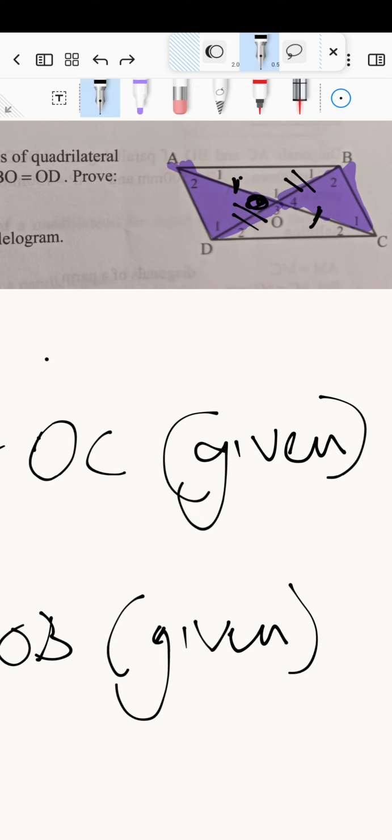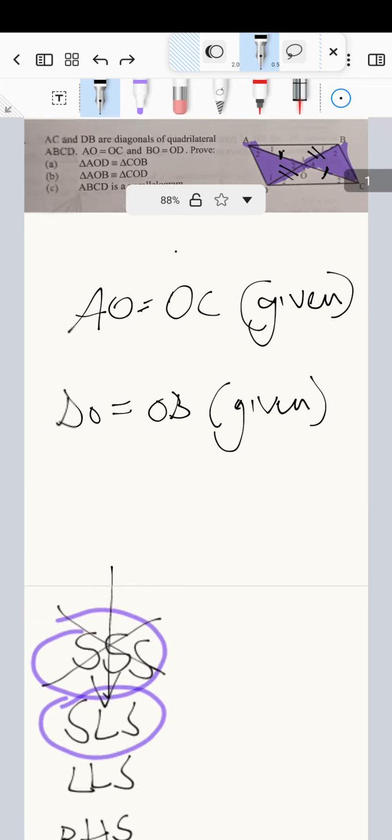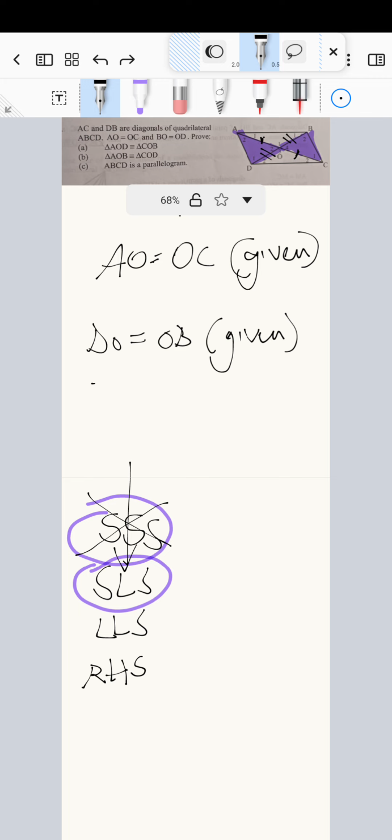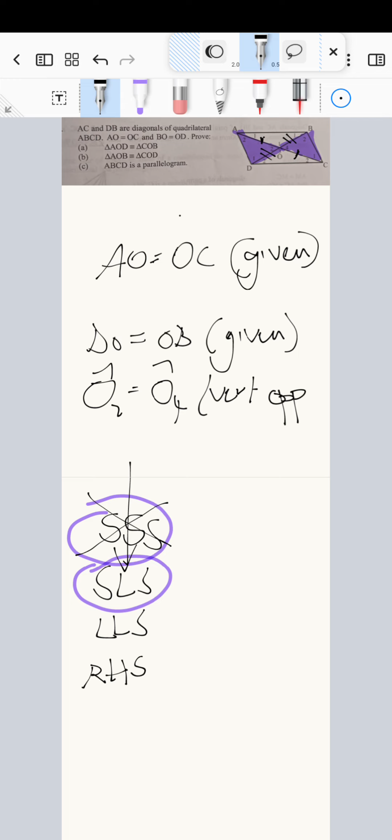Yes, it is, right? So we'll go with vertically opposite. So we can say that O2 is equal to O4. Our reason for that is vertically opposite angles are equal. Okay, so we have a side, we have another side, and we have an angle that's inscribed between those two sides.